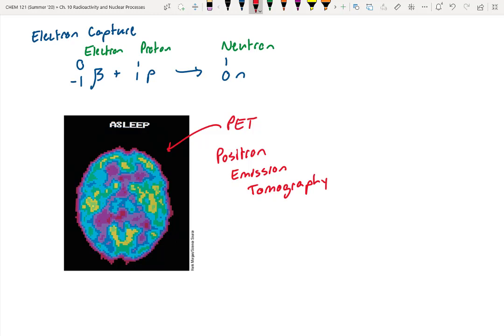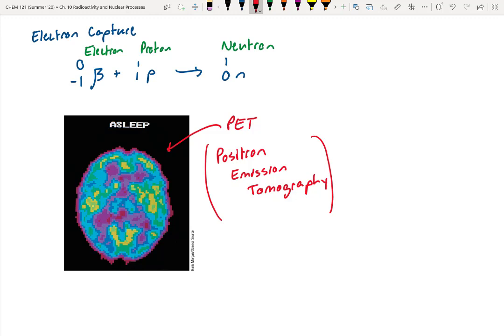Essentially, they use this radioactive decay process to focus these positrons into tissue in your body, and depending on the tissue type, it will absorb or transmit differently, which allows us to get a three-dimensional image of what's going on inside of your body. That's one of the reasons I really wanted to show this.